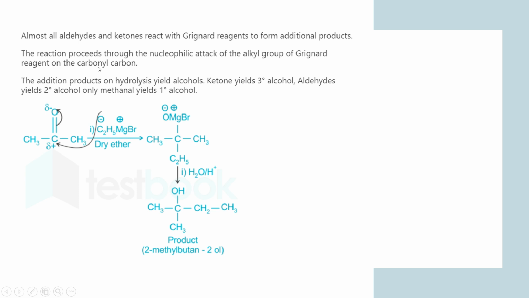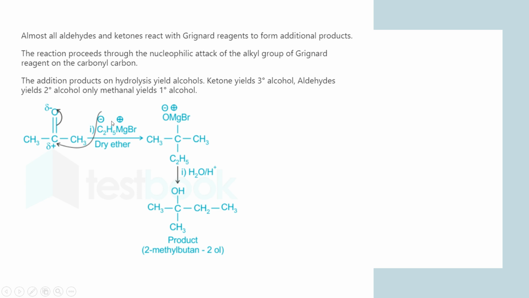So, in the Grignard reagent, we have the ethyl anion part and this magnesium bromide cationic part. Okay, so what happens? The anionic part will undergo nucleophilic addition at this electrophilic carbon center.